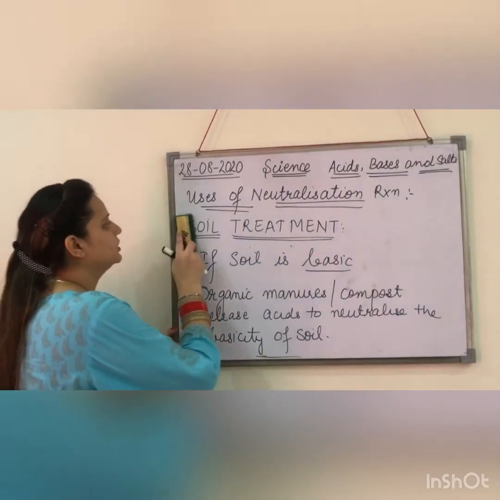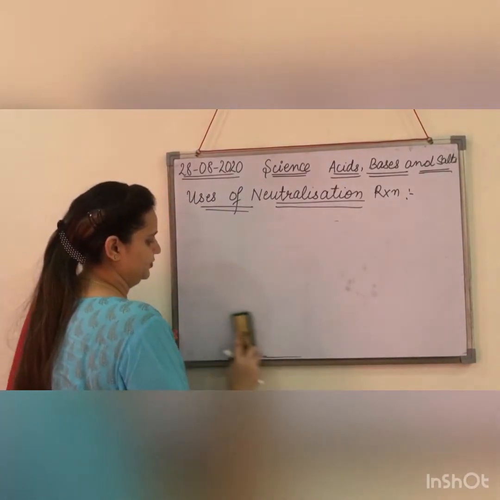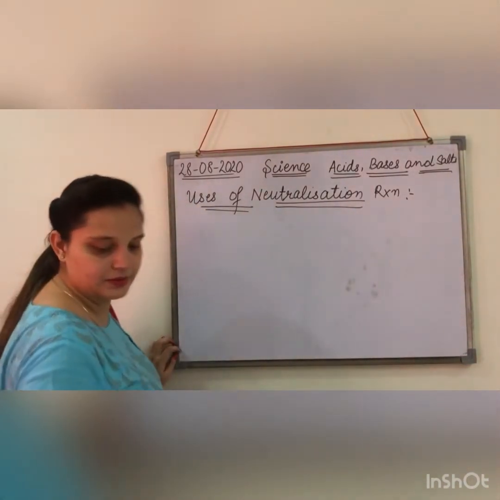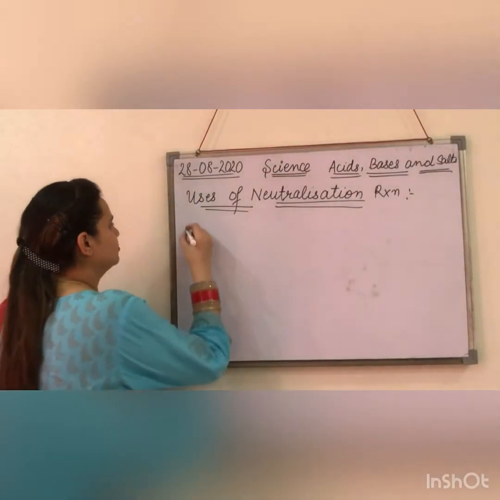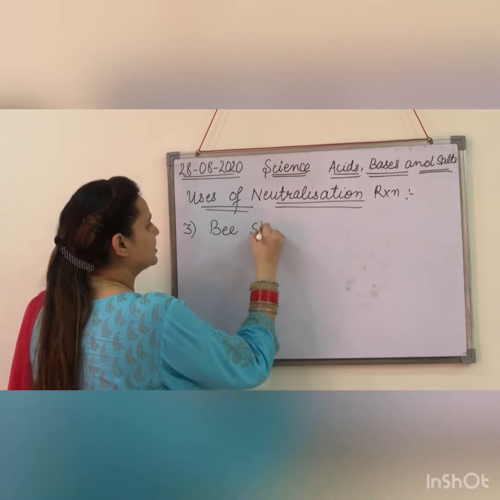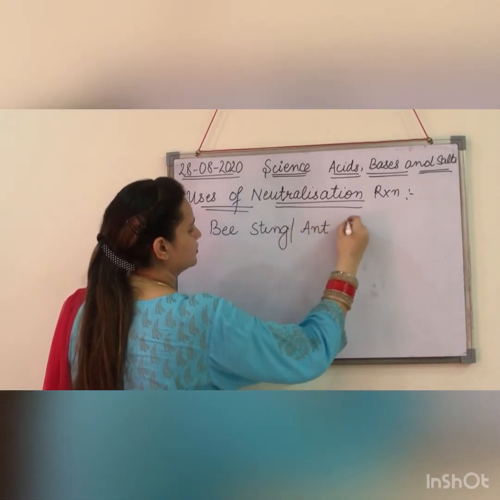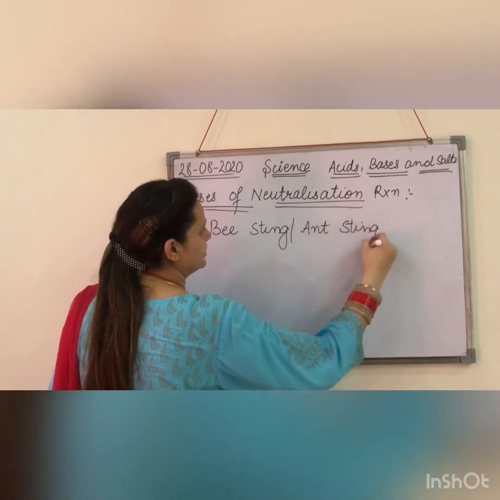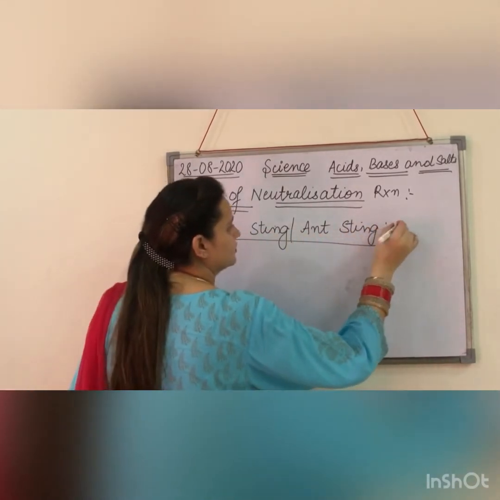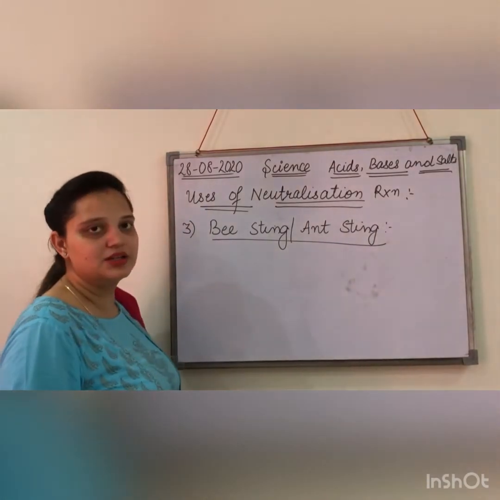Now coming to the third use of the neutralization reaction. The third use is bee sting or ant sting. Sting means dank, right? So what is there in the sting of bees and ants?